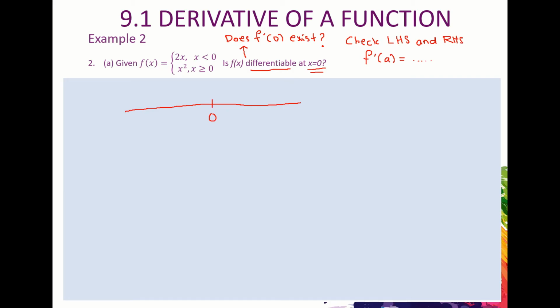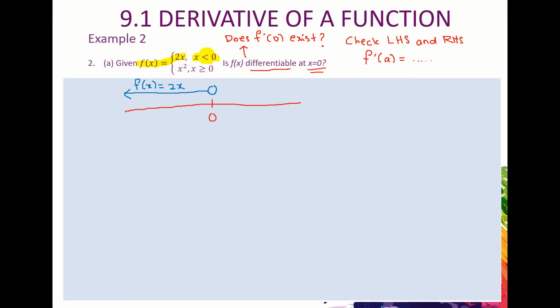The next one is that when x is less than 0, our f(x) is equal to 2x. So here, x is less than 0 and 0 is not included. Since 0 is not included, I'm going to put an empty circle. And since it is less than, put an arrow to the left side. Therefore, here, our f(x) is supposed to be 2x.